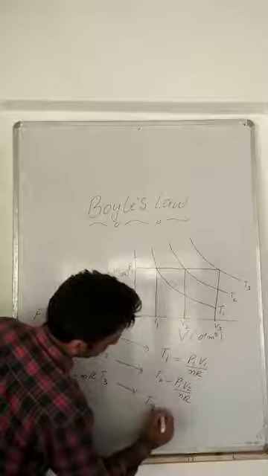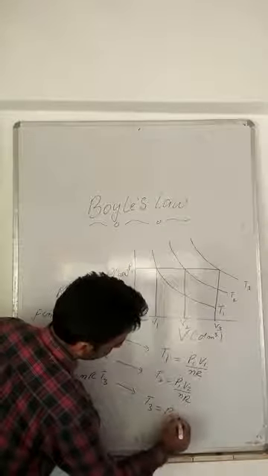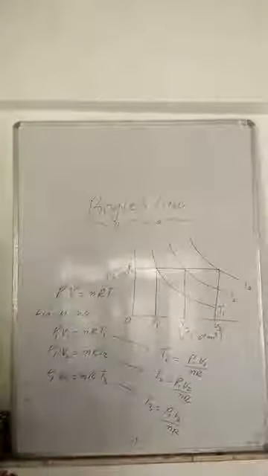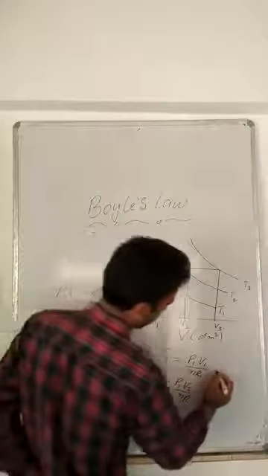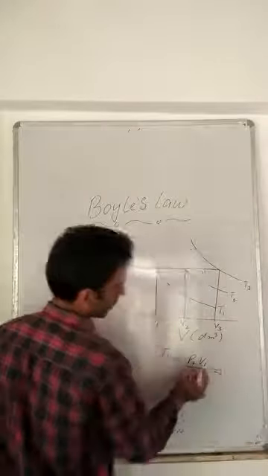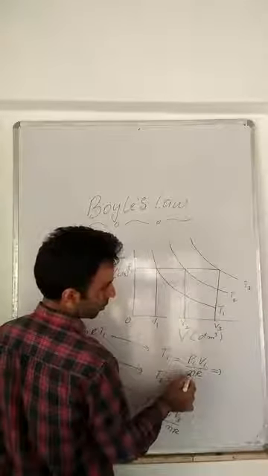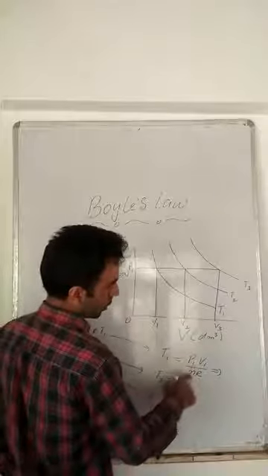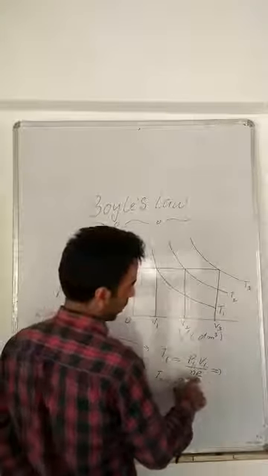Likewise T3 will be equivalent to P1 V3 divided by nR. Am I right? Yes. Since this is constant, and this is constant. Getting it? Pressure is constant, number of moles is constant, and R is constant.